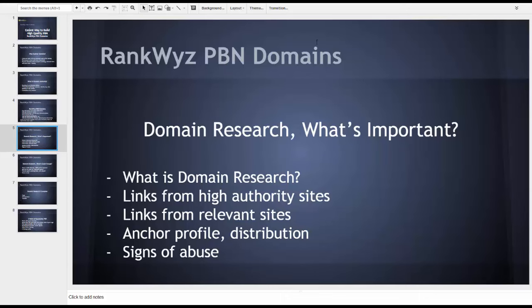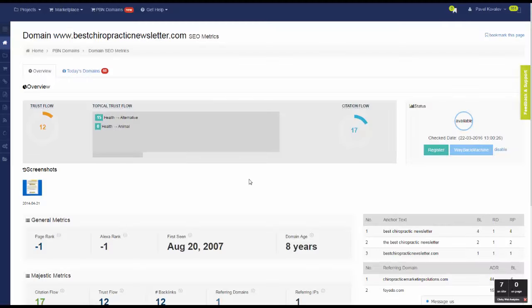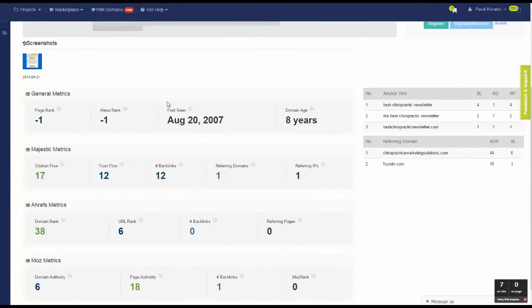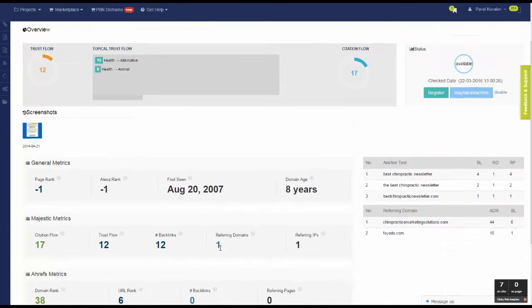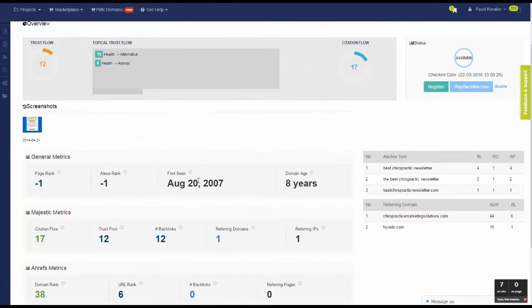And the more data a service can provide, the more data you can see in one place, the easier you can make a decision without going into other places.